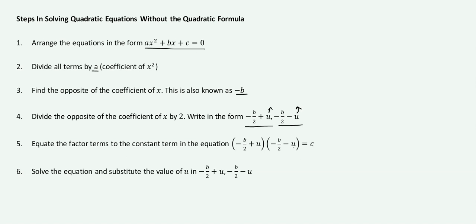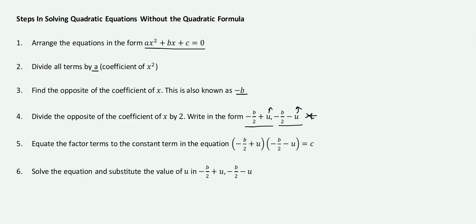And when you get the value of u, you now substitute that back into this expression, negative b over 2 plus u and negative b over 2 minus u. And that will give you the roots of your equation, or the solution to the equation.